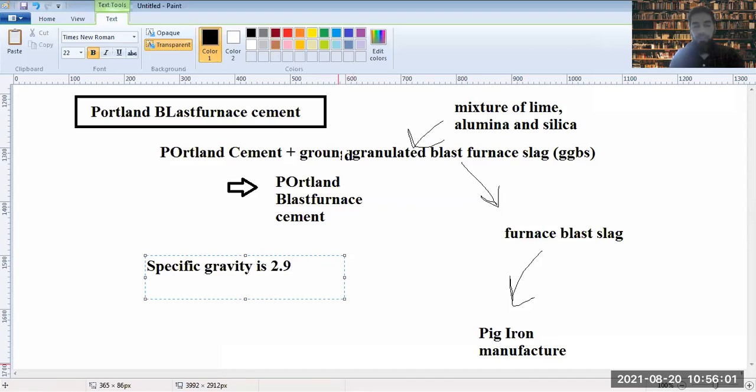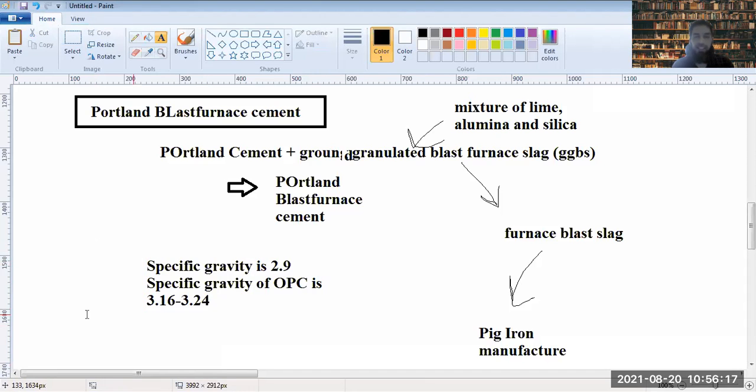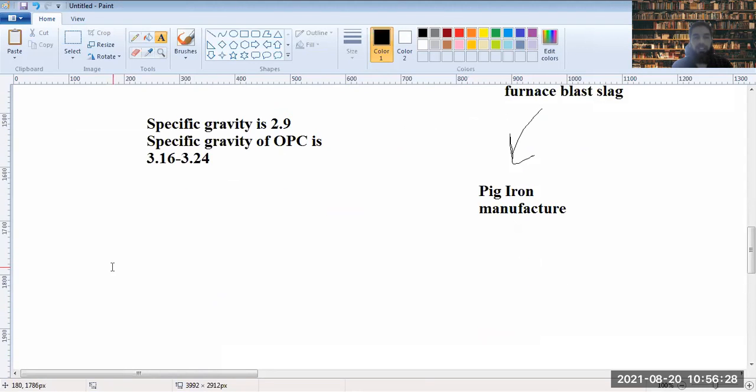I was just recalling, but OPC is 3.16, and it may go up to 3.24 as well. So this is lesser dense. So GGBS is being used to decrease the density, so thereby to decrease the weight on the building. So the specific gravity of this is less.